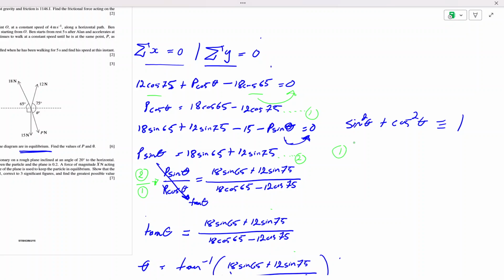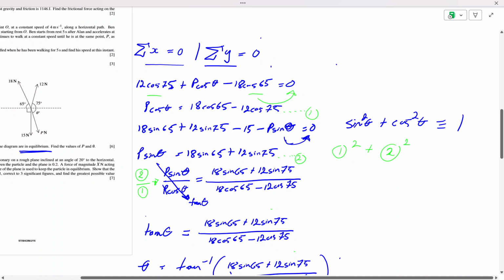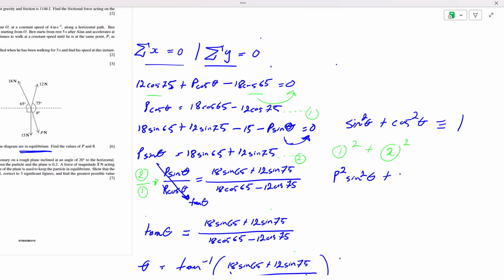I'll say equation 1 squared plus equation 2 squared. It's going to be P squared sine squared theta plus cos squared theta, right? And this is the P squared right here.